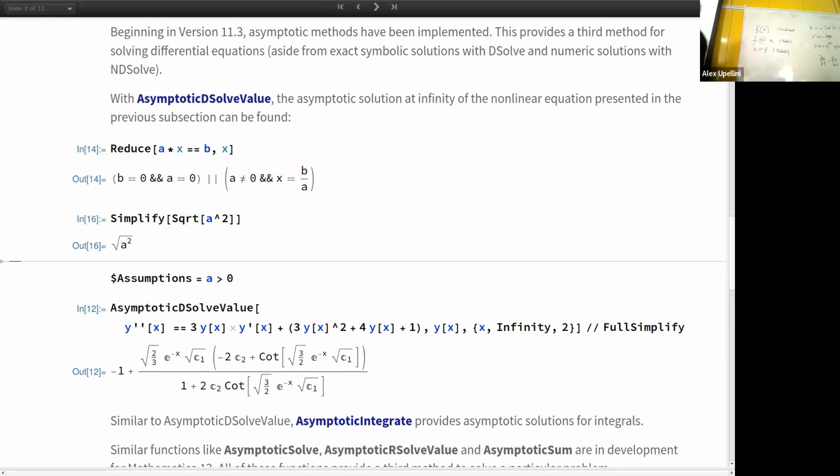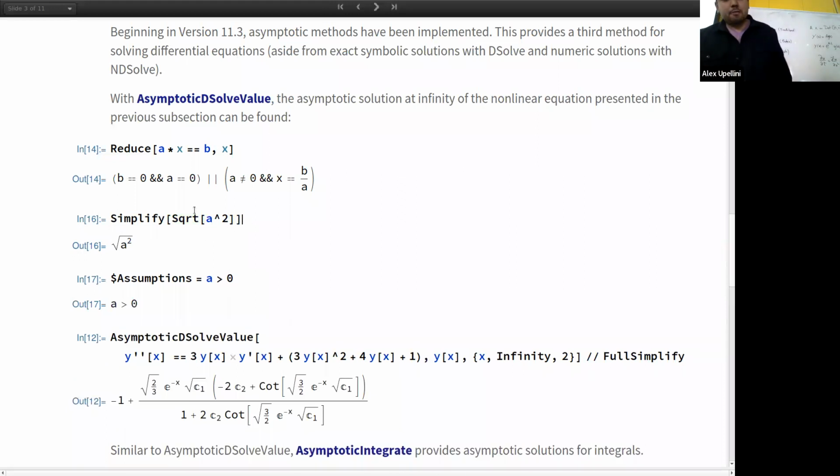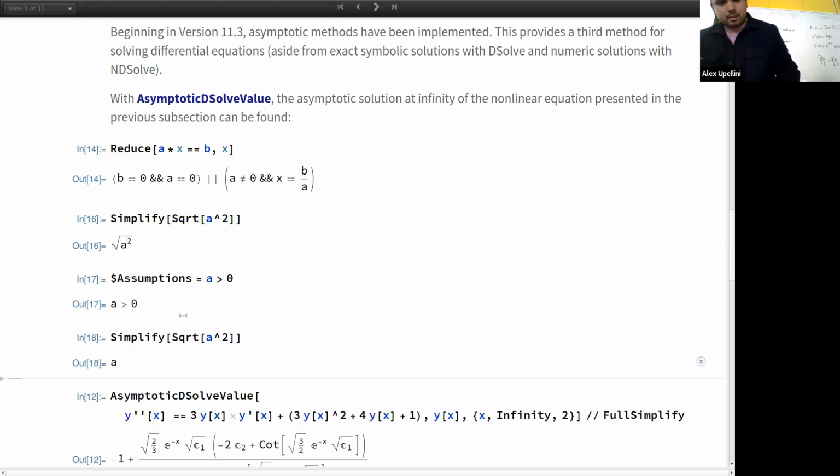This is not simplified by default because a is a complex number, so I cannot just take out the square. But if I add the assumption that a is a positive number, now I can evaluate again and get a. So look at this in the documentation if you look for a specific type of use.